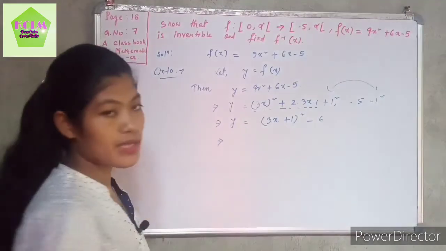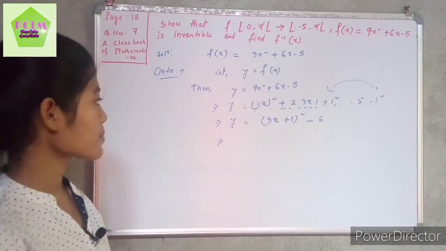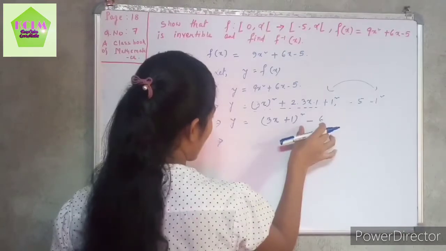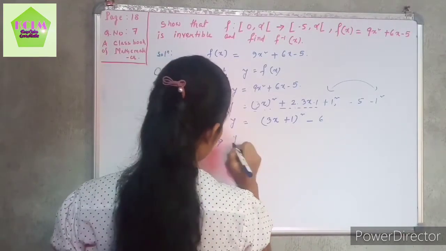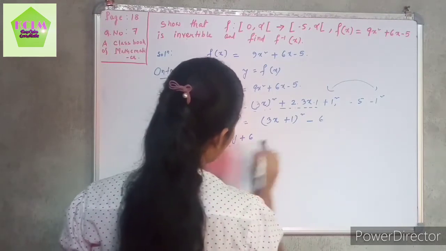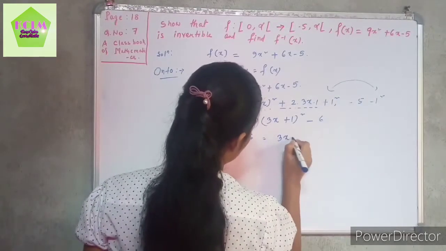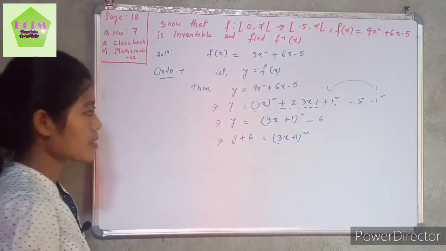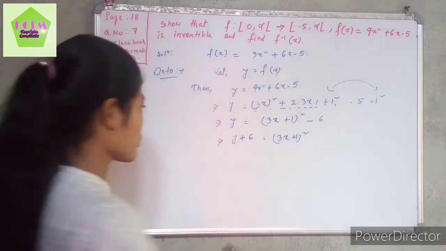Now I have said that we need to express x in terms of y, so this minus 6 will be plus 6 if we take it to the left hand side, and then it will be like this: y plus 6 equals (3x plus 1) whole square.